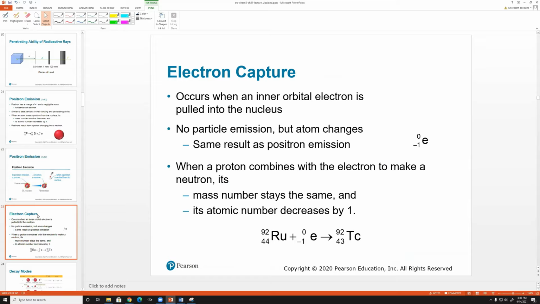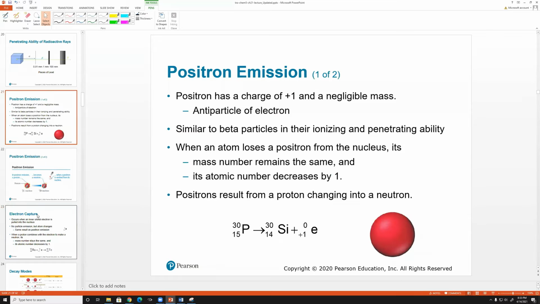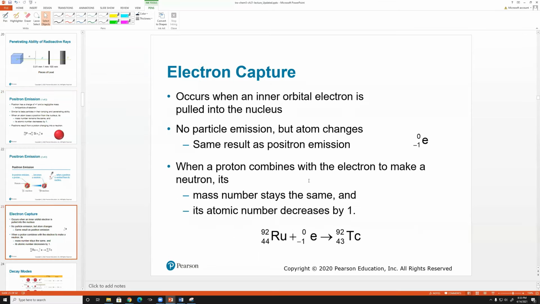Now, another way that the same thing can happen is by electron capture. So just to bring it full circle, positron emission, you're emitting a positive. Electron capture, you're taking in a negative. Same thing.